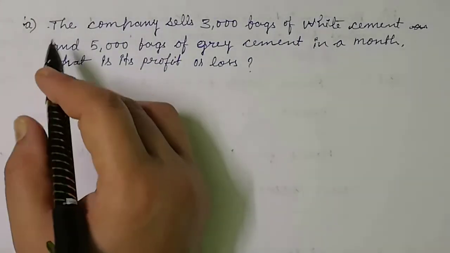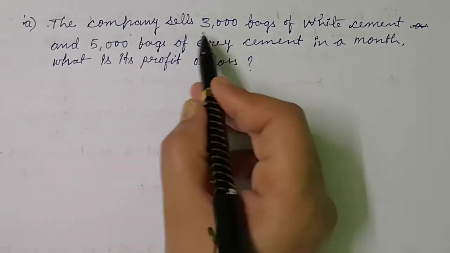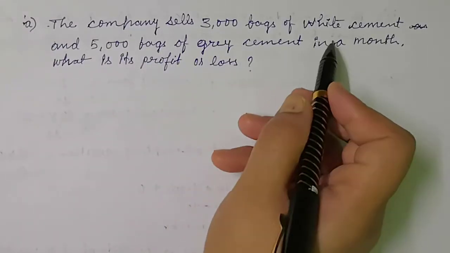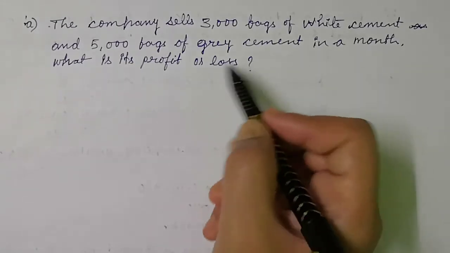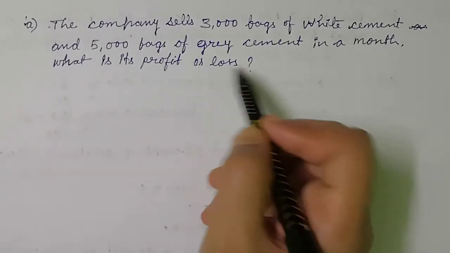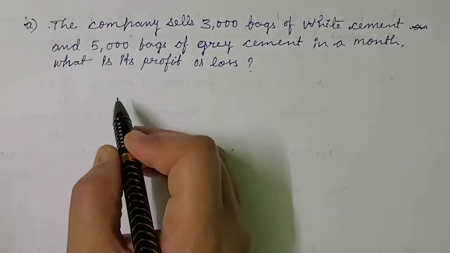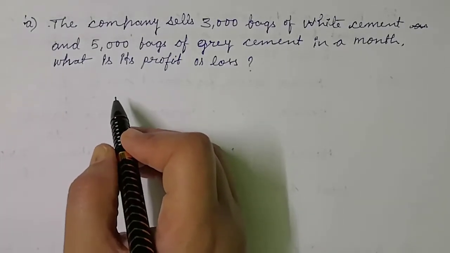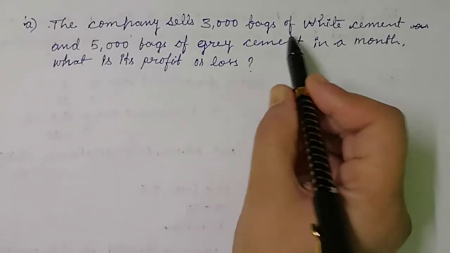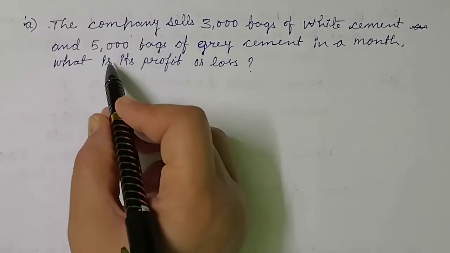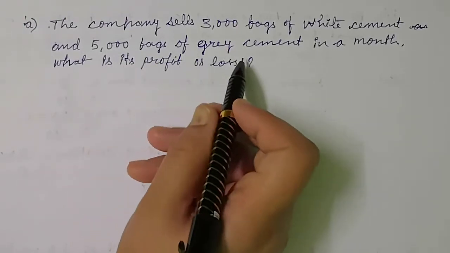Now let's see what is given in question number A. Now see question number 8, part A. The company sells 3,000 bags of white cement and 5,000 bags of grey cement in a month. Then what is its profit or loss? Let's recall what is given in the question. 8 rupees profit for each white cement bag, and 5 rupees loss for each grey cement bag.